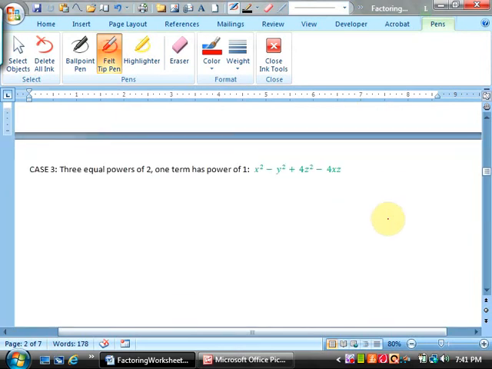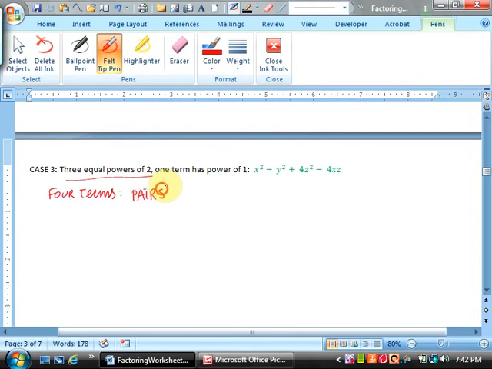And in this example, we have 3 equal powers of 2. Okay, 3 equal powers of 2. And one term is power of 1. So if you look at this, you might be wondering, how can I pair? And you can't lose sight that 4 terms is always pairs. So your main thing is to find the pair.